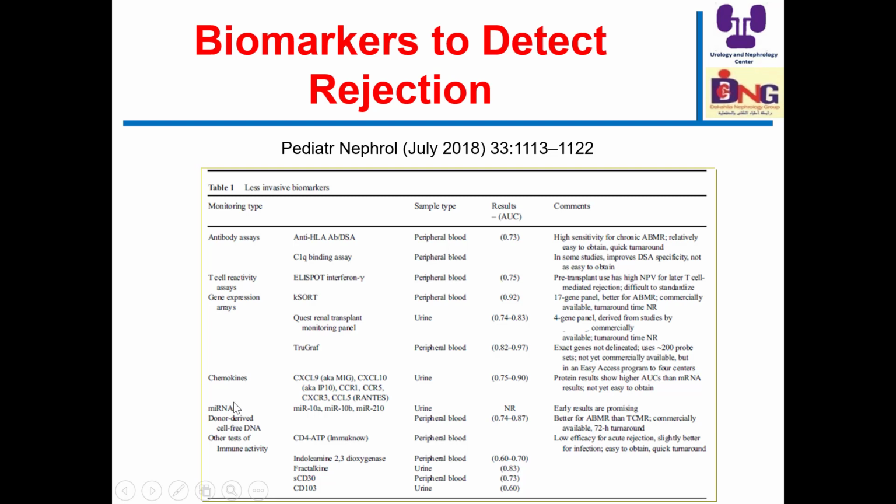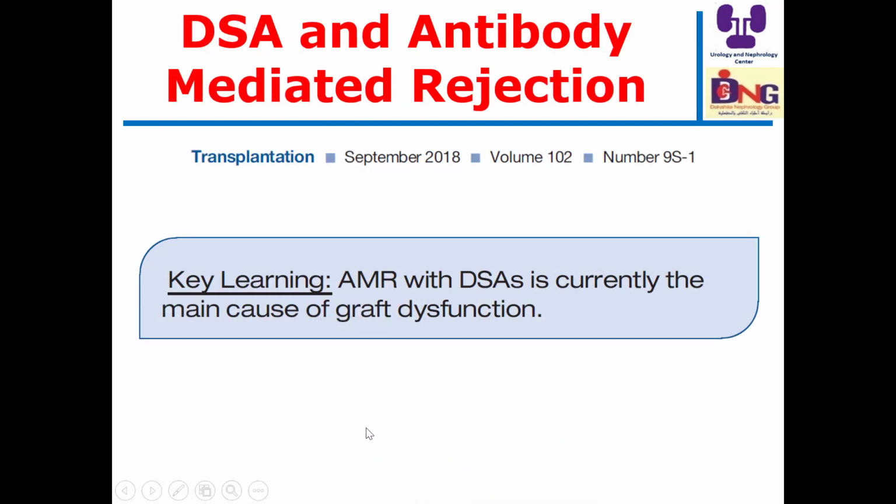Okay? So the gold standard for diagnosis of allograft dysfunction is biopsy, histological diagnosis, and the best biomarker we have now known, and there is an agreement between the transplant physicians, is to follow donor-specific antibody. And this is the key learning from this article.